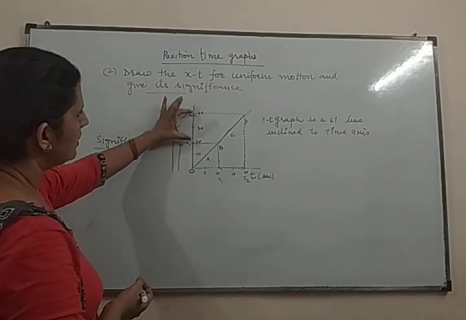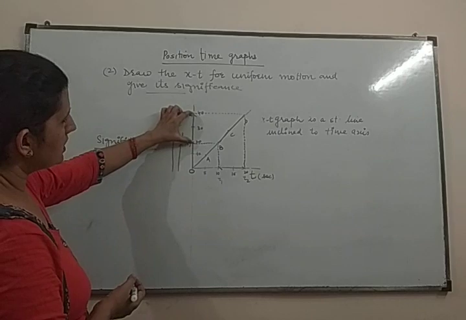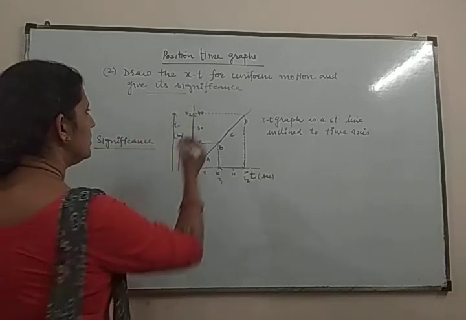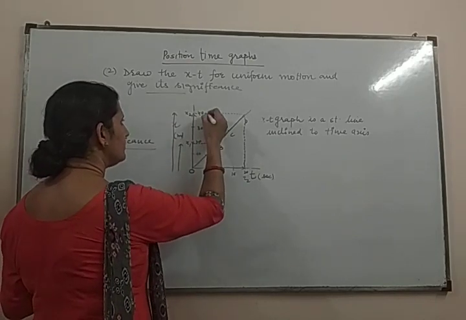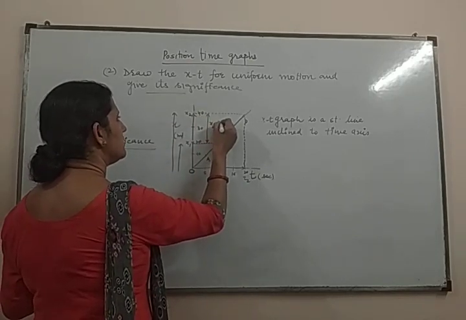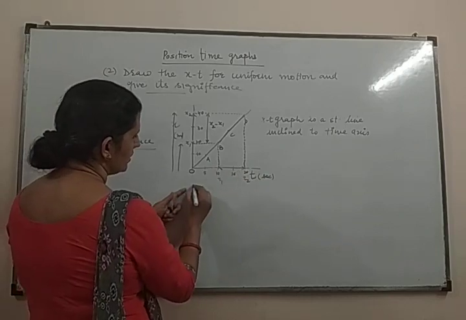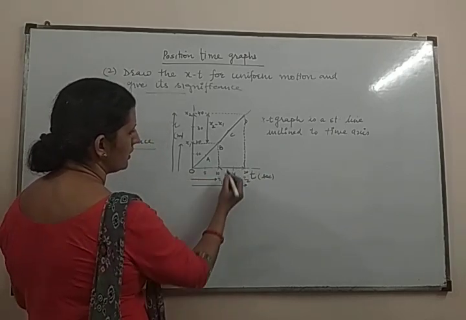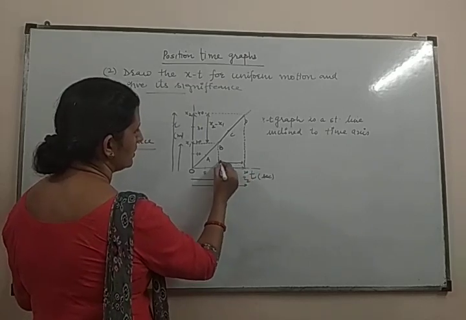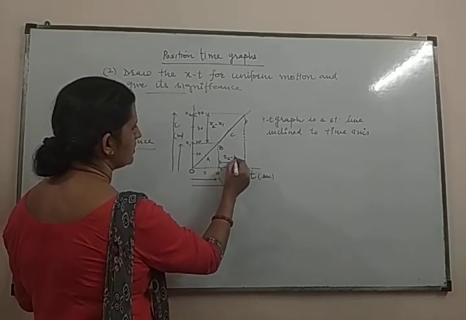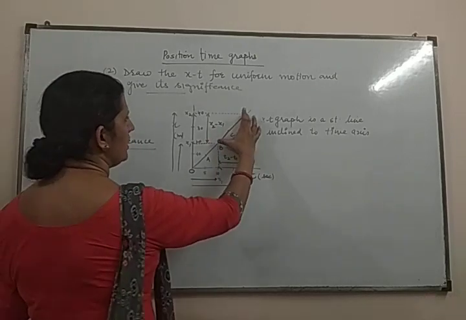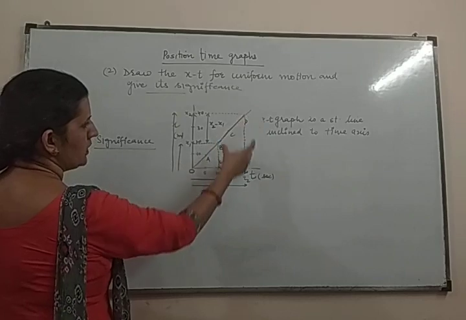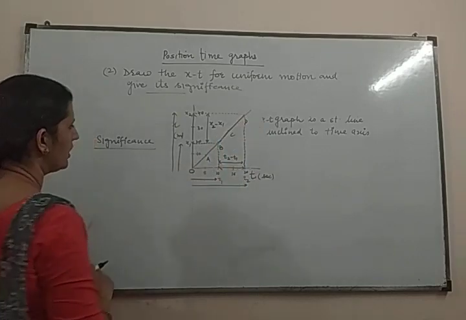How can you calculate this distance? You can calculate x2 minus x1. So this distance is x2 minus x1. Similarly, this total value is T2, this value is T1. And what about this? This is T2 minus T1. So value of BD on y-axis is x2 minus x1 and value of BD on x-axis is T2 minus T1.